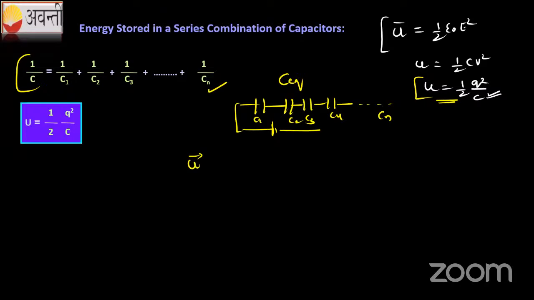Look here. What I'm explaining is that we have to calculate the energy stored in a combination of capacitors, meaning n number of capacitors joined. What is the energy? For one capacitor it is half Q square by C. If I'm taking n capacitors, I need to find C equivalent. Where does C equivalent come from? The reciprocal of all of these, because it is a series combination. Now the energy U for capacitor one can be written as half Q square divided by C1.